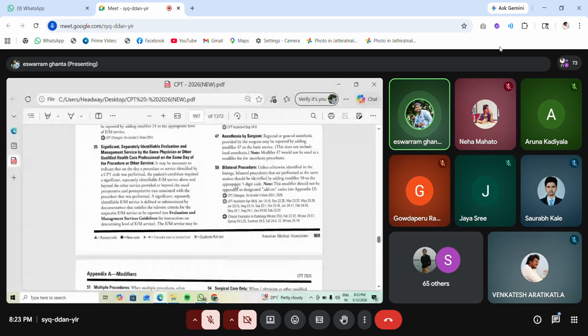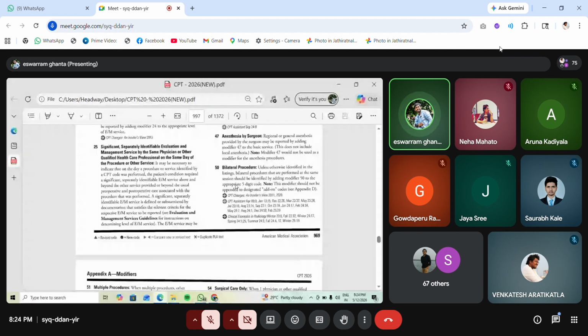I will tell you one more example. There is a simple repair method, that means stitches for the skin, both on the right side and the left side of the head, that means right cheek and left cheek.